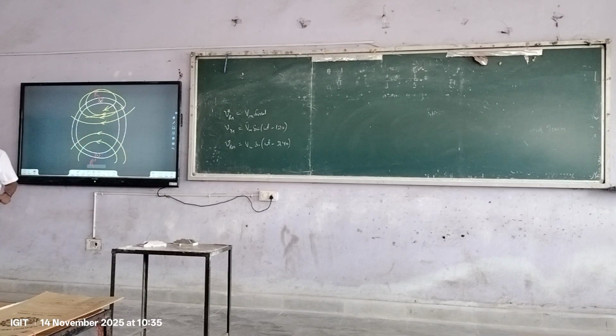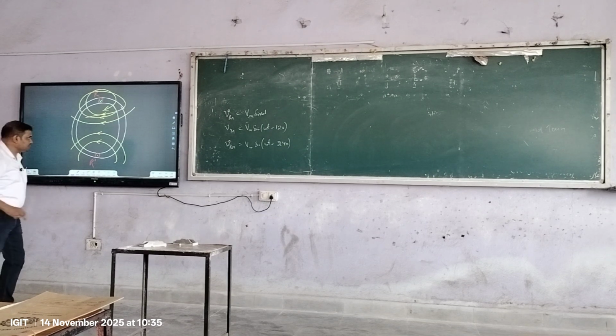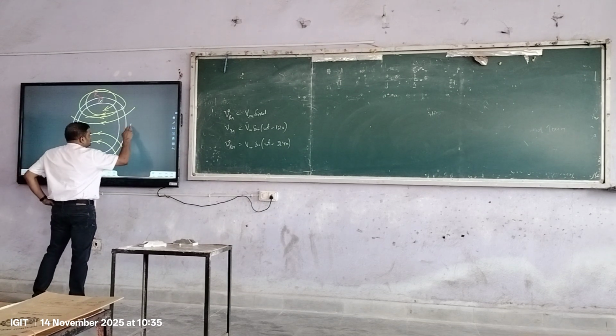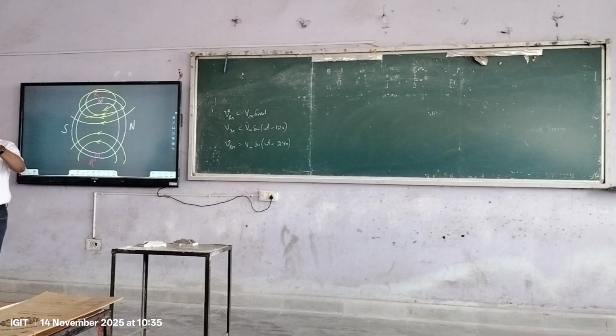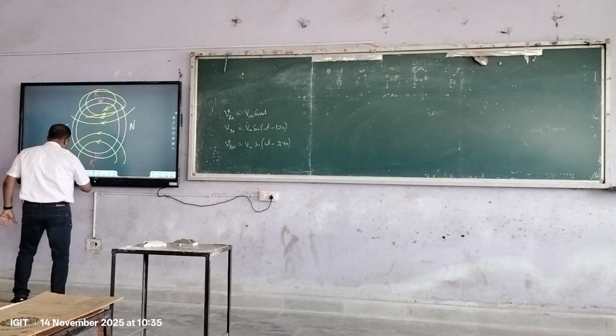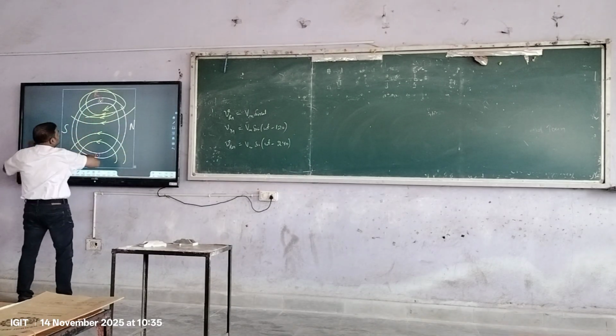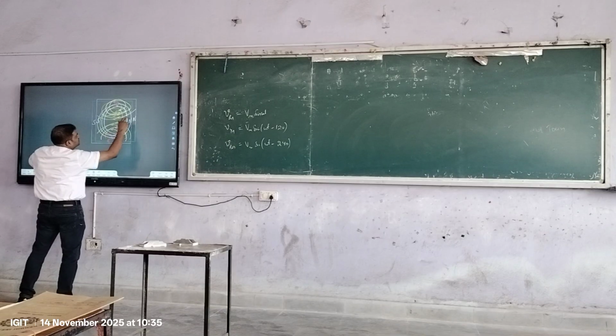So what you are observing here? There is a virtual north pole at this end, and a virtual south pole here. Agreed? This is one picture, right? Let me keep it here.